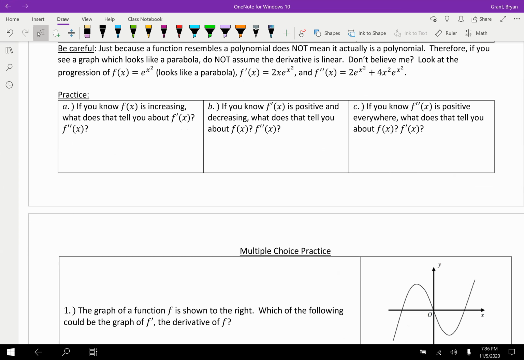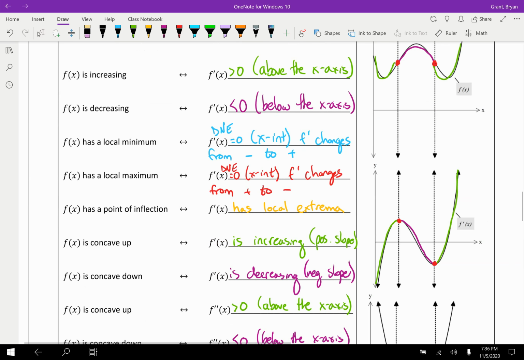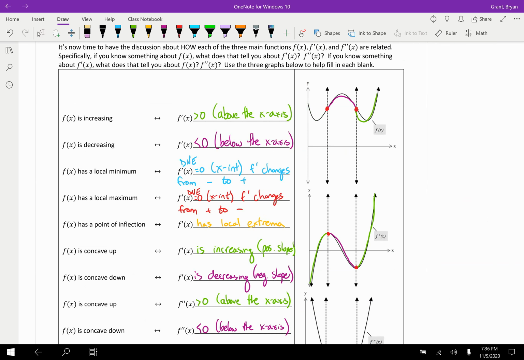If you know f of x is increasing, what does that tell you about f prime or f double prime? Well, let's see, if f of x is increasing, I think that tells me that f prime is positive, right? Because this describes the slopes of f. And so if f has positive slopes, f prime better be positive. If f of x is increasing, what does that tell us about f double prime? Well, actually, let's look at these graphs and see if we can figure anything out, because I don't even think we made that connection, did we?